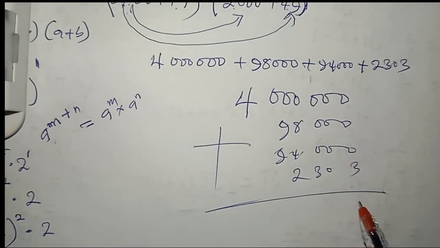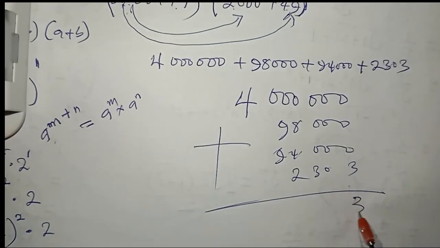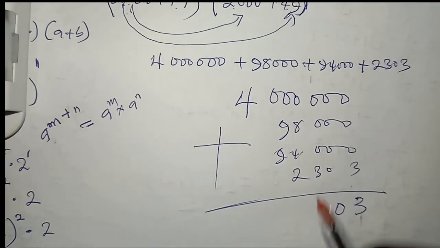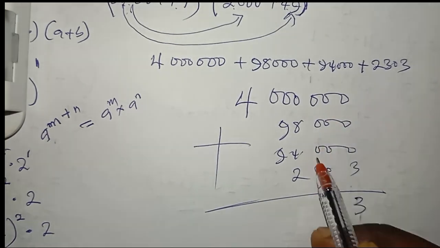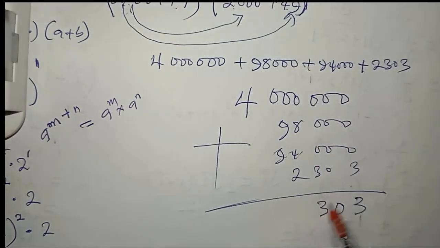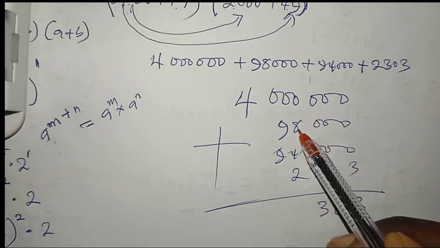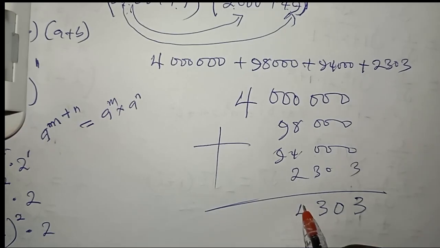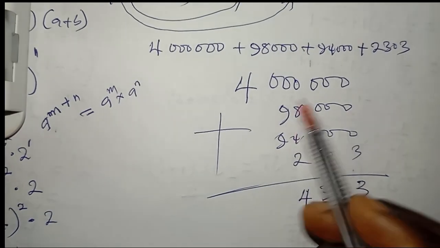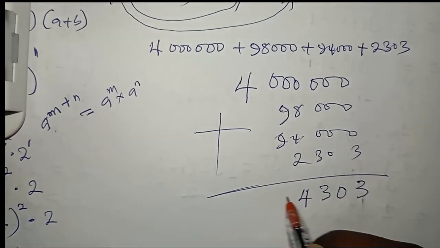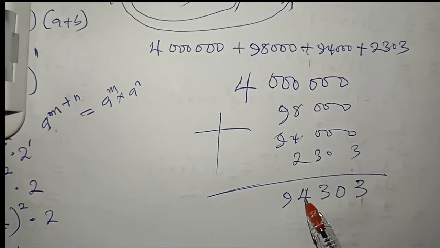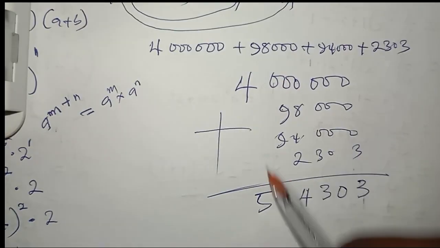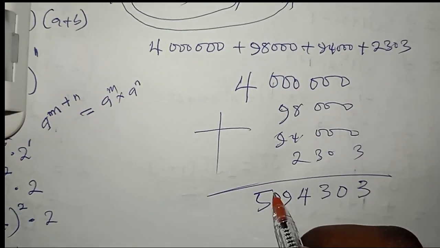0 plus 0 plus 0 plus 3 will give us 3, and the next column is also 3. Then 0 plus 8 plus 4 is 12 plus 2, that's 14, so you write 4 carry 1. 10 plus this 19, so you write 9 carry 1, and we also bring down this 0 right here.